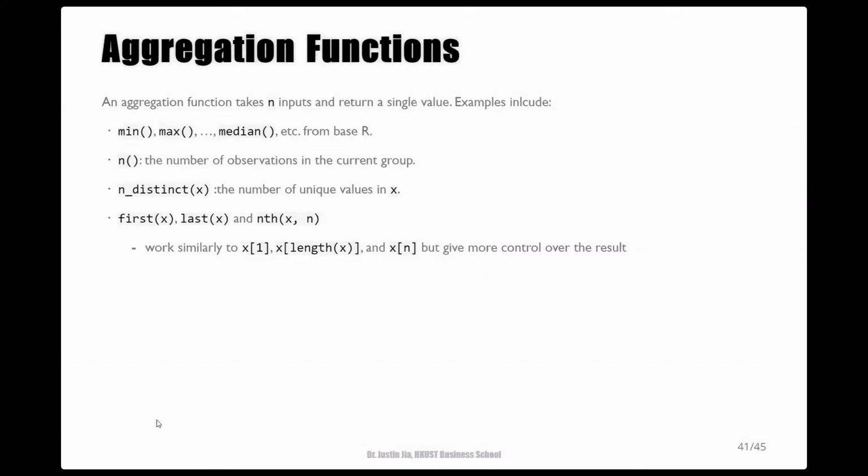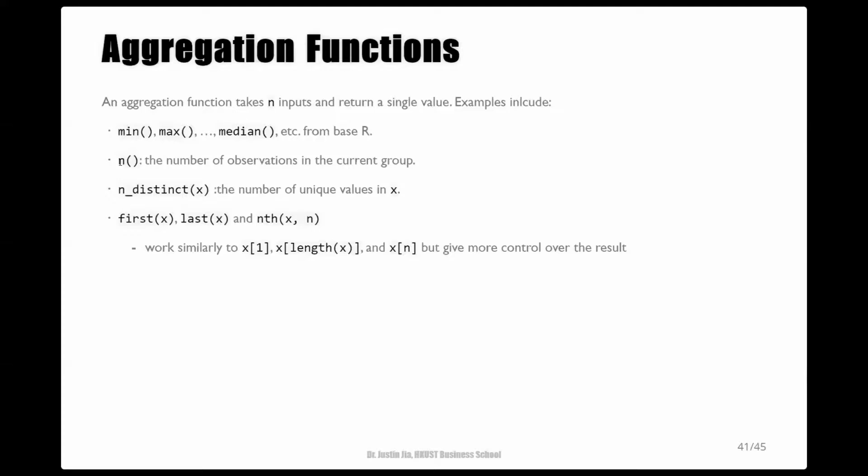Here is a summary of aggregation functions we can use with the summarize function. In addition to functions such as min, max, median, etc. from base R, we can also use the following functions enabled by dplyr.